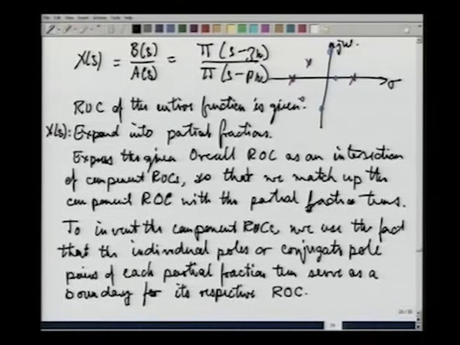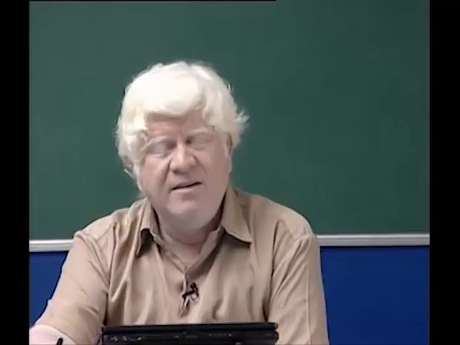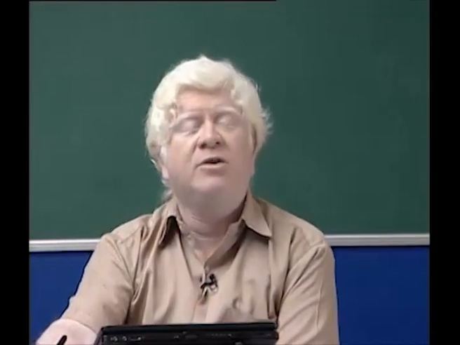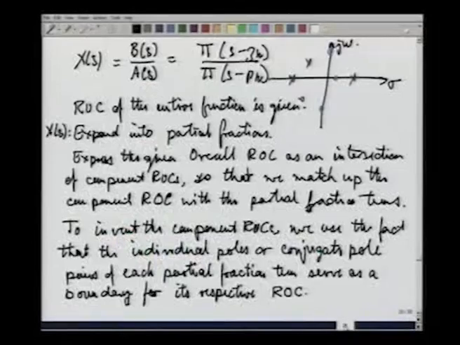So, given a particular term, it has only two possibilities, ROC towards the left or ROC towards the right. There are other possibilities in some rare cases, but we will come to them eventually. So, what we have to do is to consider all the possibilities for each term and see the intersection of which combination of ROCs yields the given overall ROC. This helps us to determine the appropriate component ROCs.